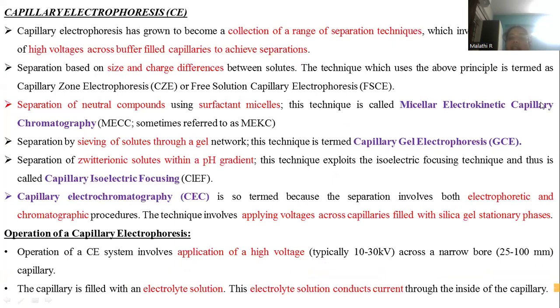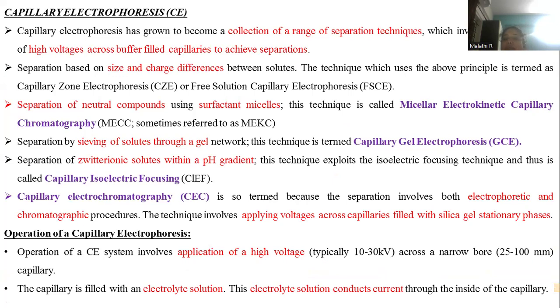So now we have capillary electrophoresis. We'll start with capillary electrophoresis. Capillary electrophoresis has grown to become a collection of a range of separation techniques, which involve a high voltage across buffer-filled capillaries to achieve separation. The separation is based on size and charge differences between solutes.